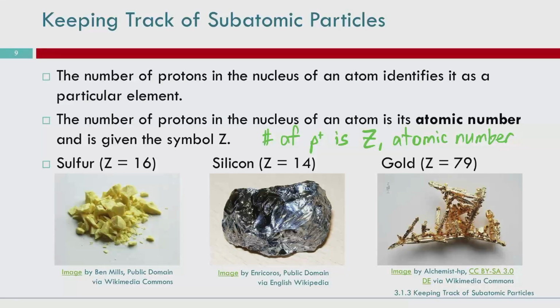And again, that's Z. Any clues why it might be Z? Why would we choose Z? Unless we have a German in the room, you probably are going to guess. Z comes from German for Zahl, which is number.